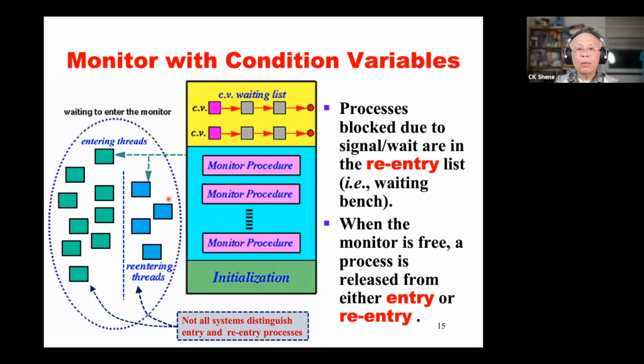They are forced to wait outside of the monitor. The second group is the group of inactive processes, or re-entry processes. They were inside the monitor, but in either a Hoare type or a Mesa type, they cannot continue executing inside the monitor. They are forced to get outside. We call them re-entry because they were in the monitor.